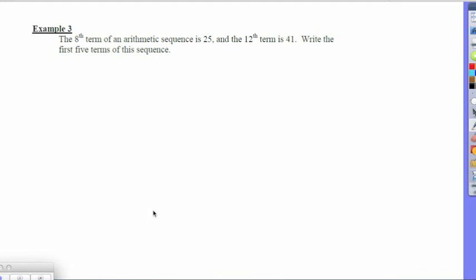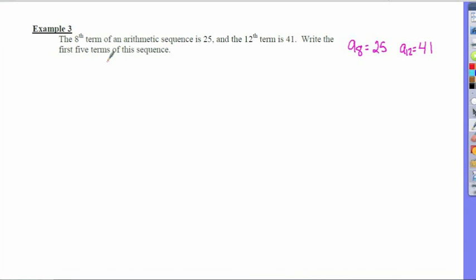For example 3, we're going to write the first 5 terms of the sequence. The 8th term of a sequence is 25, so let's write that down. Let's write down A8. I'm going to write this over here. The 8th term is 25, and the 12th term is 41.